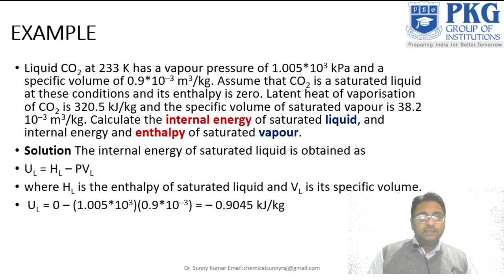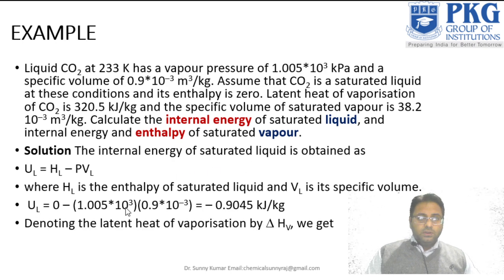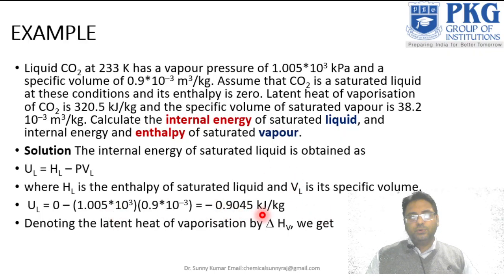The enthalpy is 0, which is given, we are assuming. So we can easily calculate, and the volume is 0.9 into 10 to the power minus 3 and the pressure is 1.005 into 10 to the power 3. So you will get the internal energy as minus 0.9045 kilojoule per kg.